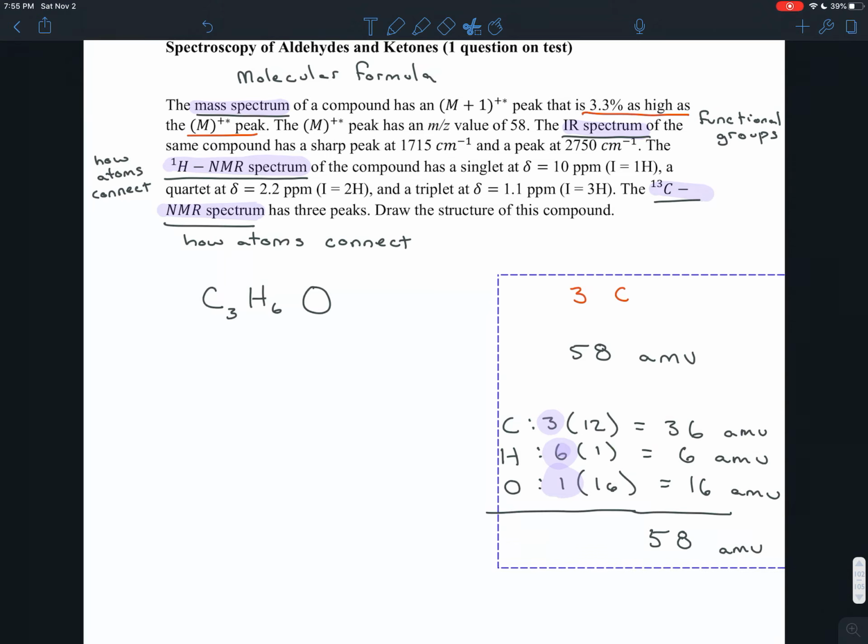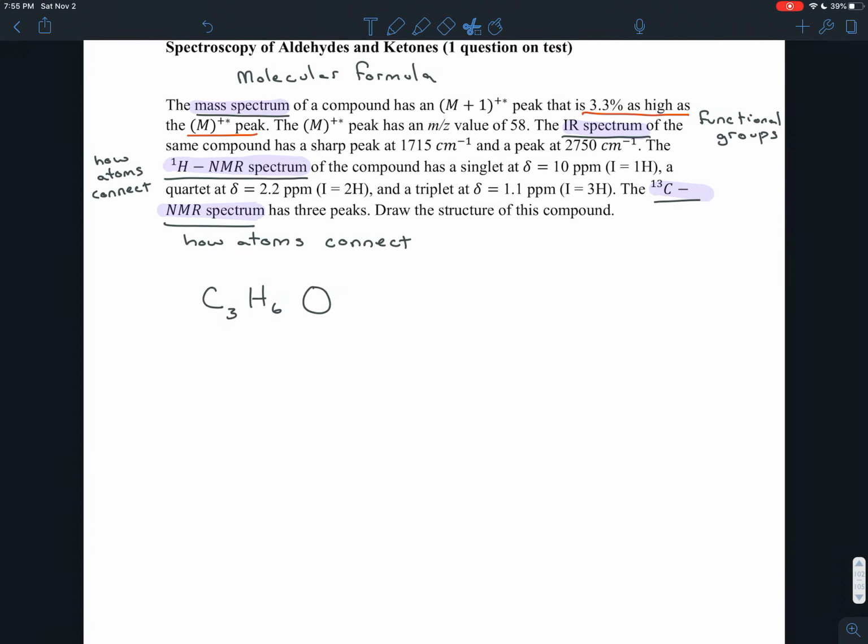Okay, let's erase this, make some room for ourselves. Now once you have this, you can start to think about degrees of unsaturation if you want to. So for example, you may remember the formula for the degrees of unsaturation is 1/2 times 2 times the number of carbons plus 2, that's the maximum number of hydrogens, plus the number of nitrogens, minus the number of halogens, minus the number of hydrogens.